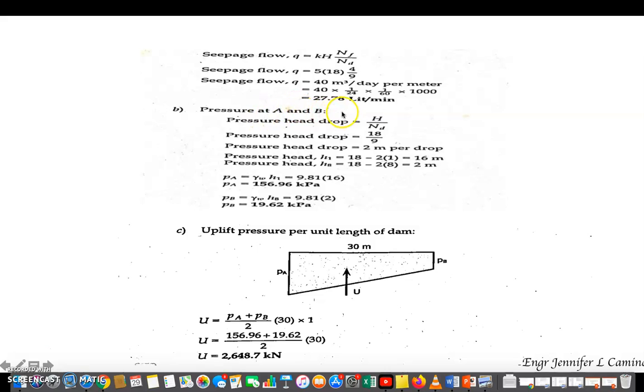Now for the pressure head at points A and B, you have to compute first the pressure drop. Of course, we know that pressure drop is H over ND. H is the difference in elevation between the upstream and downstream, so that is 18. With 9 drops, we have now 2 meters per drop. The pressure head at point A would be equal to this 18, which is the difference in elevation.